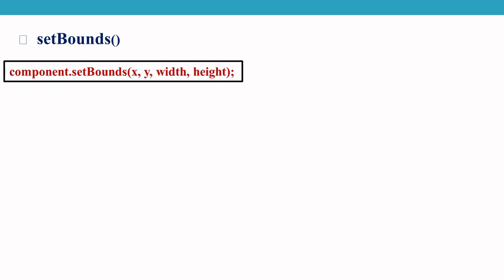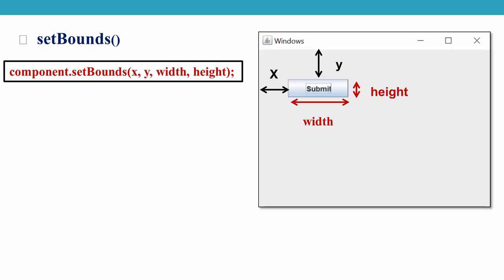We have to provide four parameters: first int x, second int y, int width, and int height. So what are these parameters? If you have to add a panel, buttons, text field or labels into this JFrame, we set its exact position on the JFrame.